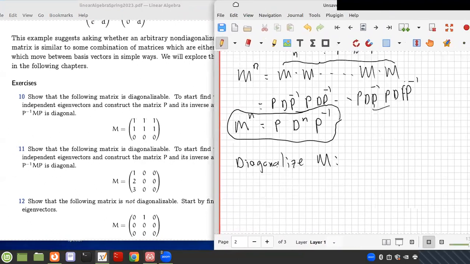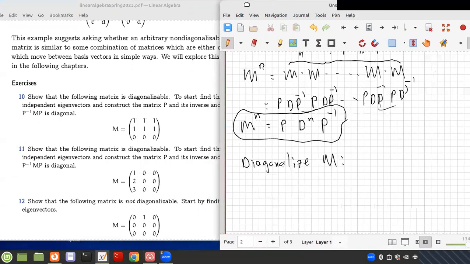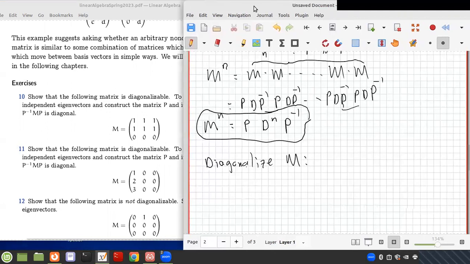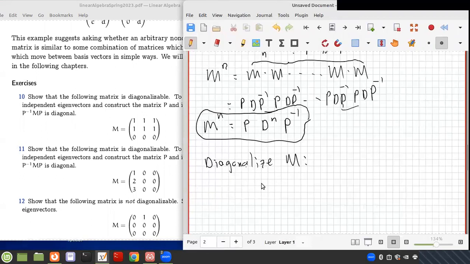Okay, well, let's start with this. This matrix looks particularly easy to work with. Who knows, though? Let's see what happens with this one. Just to illustrate the procedure, let's take M equals 1, 2, 3, 0, 0, 0, 0, 0, 0.